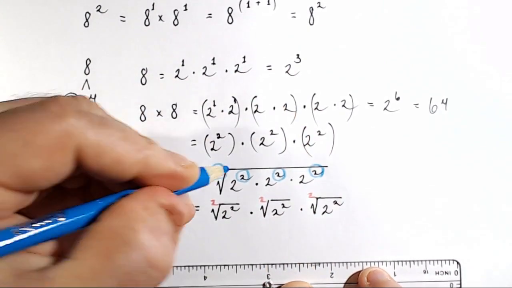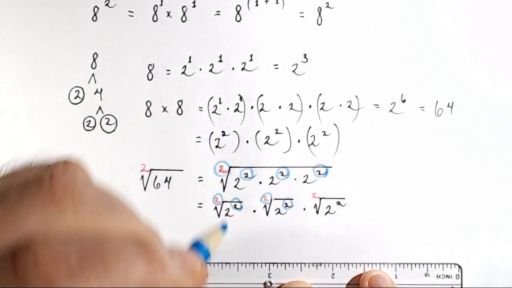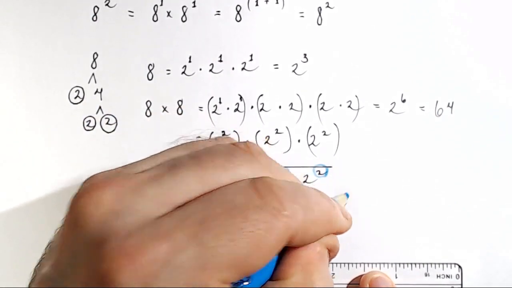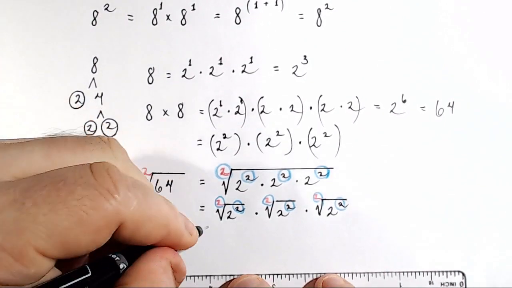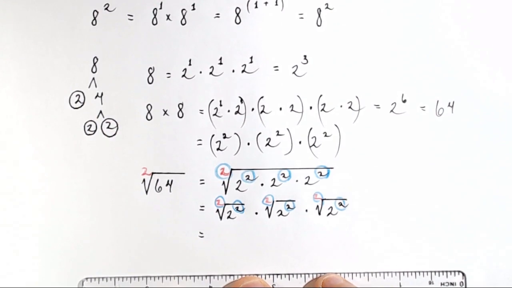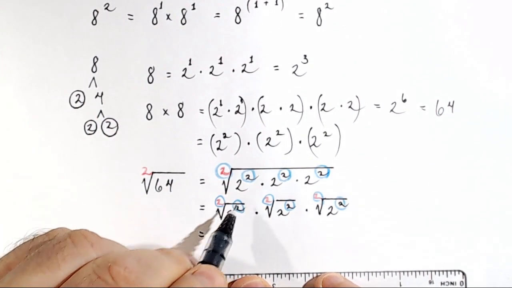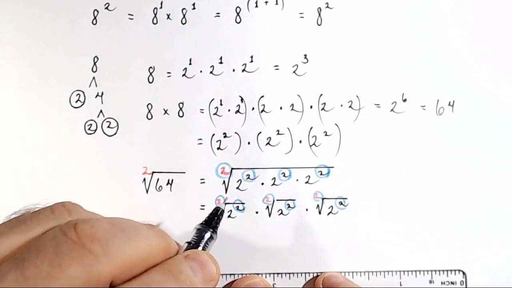They all still match. Here's the index, here's the exponent. Index, exponent. Index, exponent. When those indexes and exponents match, you can eliminate the square root and simplify this radical and radicand down to just a whole number, okay, to whatever the base is.